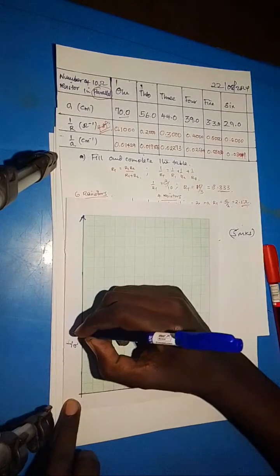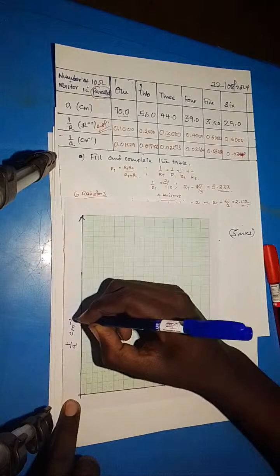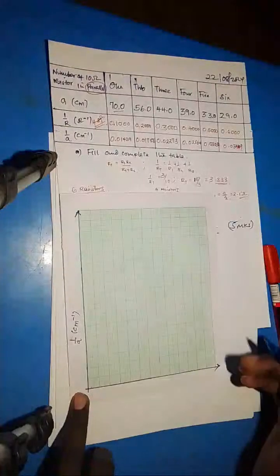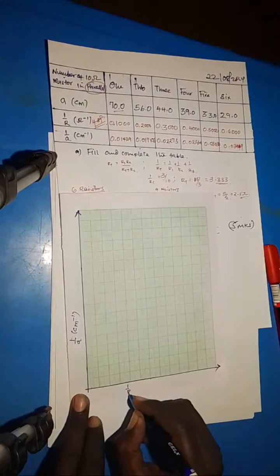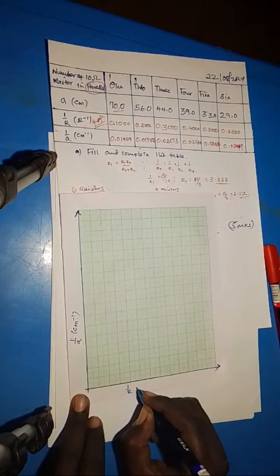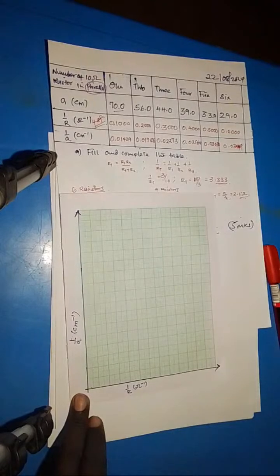Therefore, we include our units in brackets. From here, we go to the x-axis, which is 1 over R. It is given the units of per ohms.